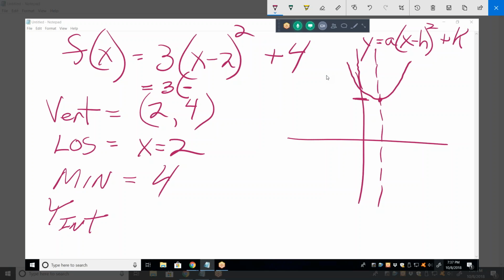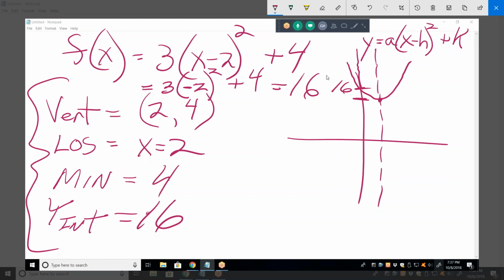So now I got -2 squared times 3, that's 4 times 3, 12, plus 4 equals 16. So the y-intercept is 16. I've drawn it a little funky, so it doesn't look like 16, but the graph doesn't really need to match your answers. These are the answers, not the graph.